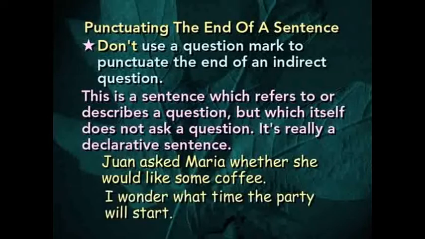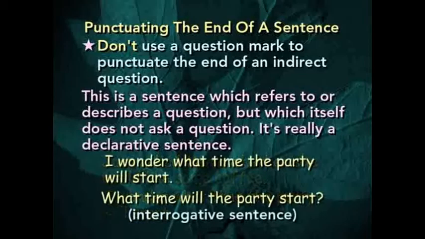Here's another example. I wonder what time the party will start. Now, the same general idea might have been stated in the form of an interrogative sentence. For example, this sentence might have been written, what time will the party start? That would have been an interrogative sentence, a question, and it would have ended appropriately with a question mark.